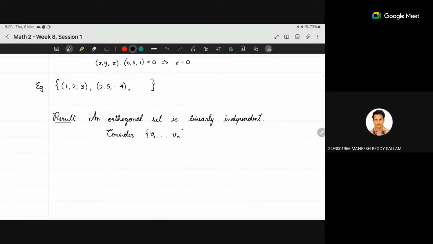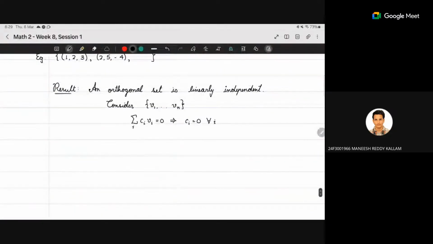Consider V1 to Vn, a set of vectors. If I write summation CiVi equal to 0, solve for it, and obtain that Ci is equal to 0 for all i, then V1, V2, up to Vn is linearly independent. I write it as LI.